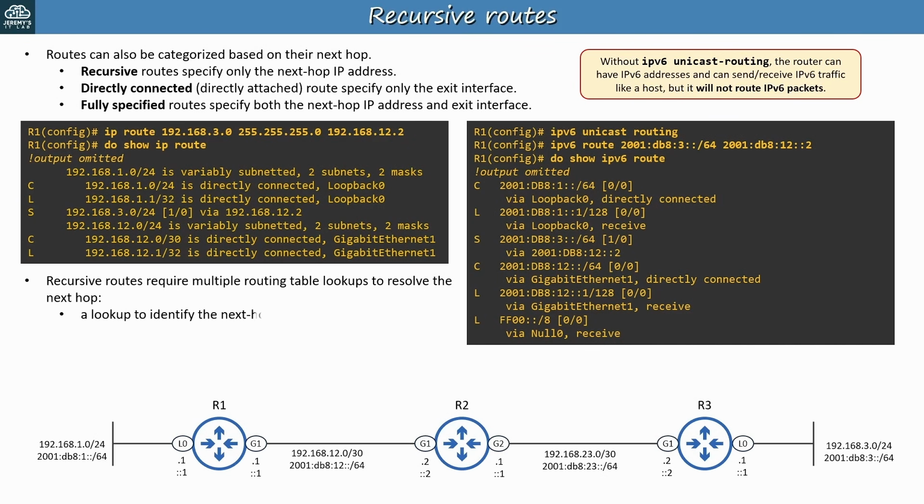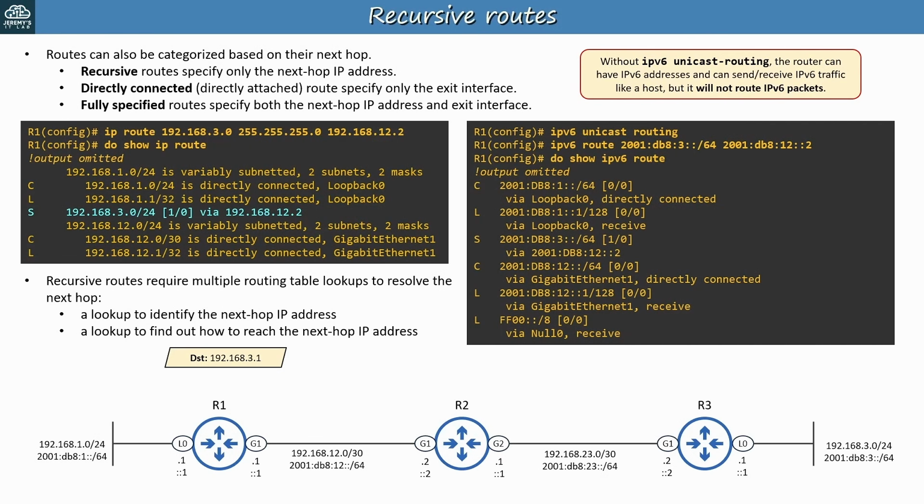First, the router does a lookup to identify the next hop IP address. But with that information, it still doesn't know which interface to send the packet out of. So it then performs a second lookup to find out how to reach the next hop IP address. For example, if R1 wants to forward a packet for 192.168.3.1, it will look up the address in its routing table and find that it matches the static route to 3.0/24.